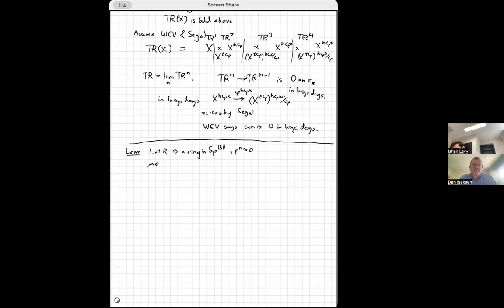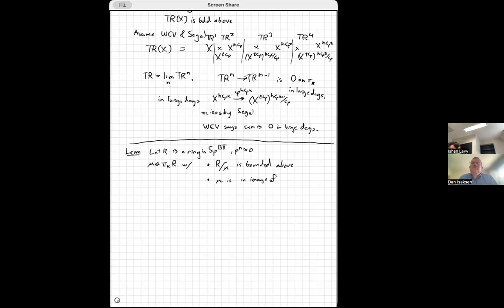Suppose you have an element mu inside pi k of R, which has the following properties. So R mod mu is bounded above. And then the second property is that mu is in the image of the transfer map.